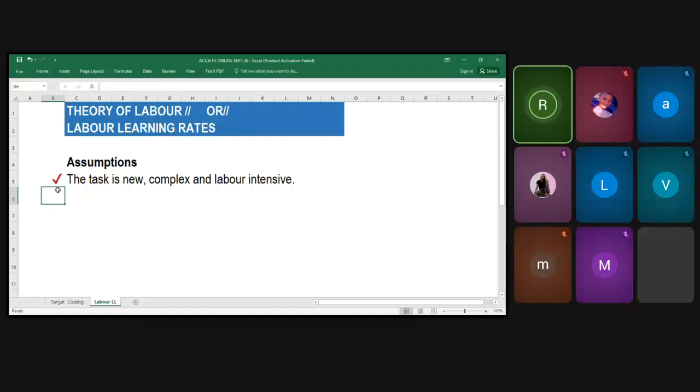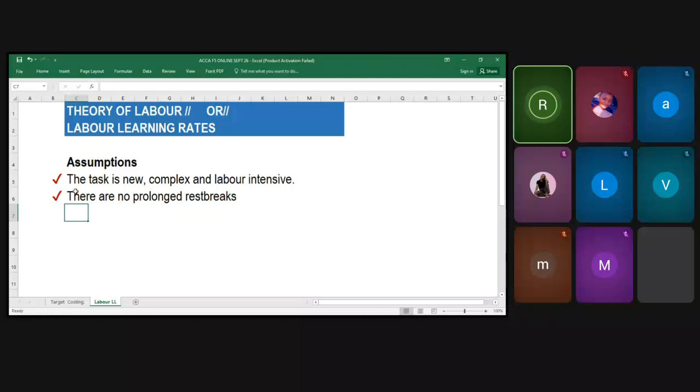Number two, the assumption is that there are no prolonged rest breaks. If you take a prolonged rest break, you tend to forget.